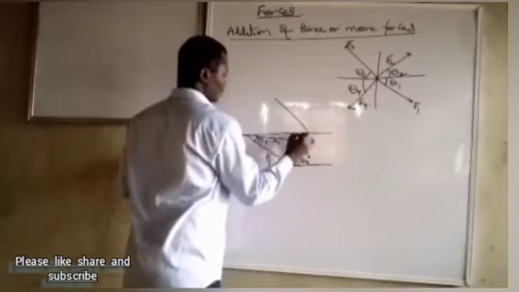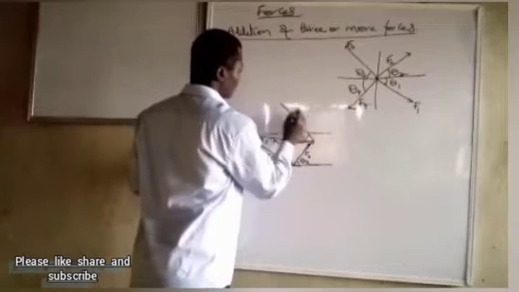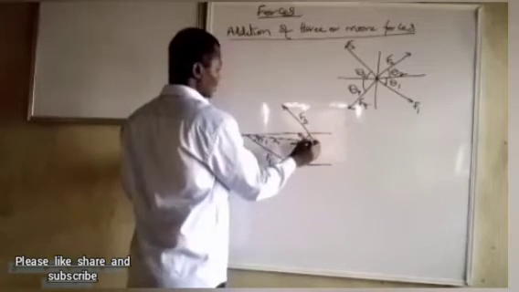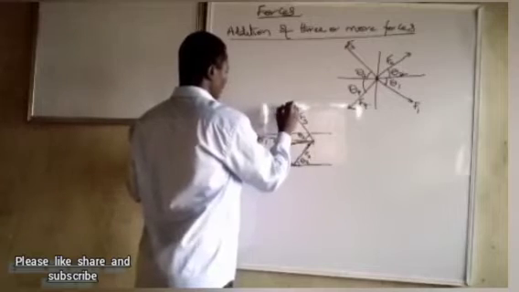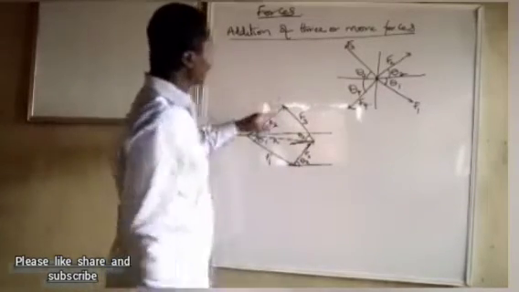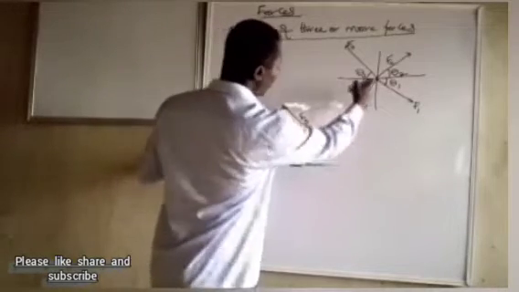Theta 3. So I need to add R1 to F3. This gives me R2. Now, from here, I have F4 again, theta 4.